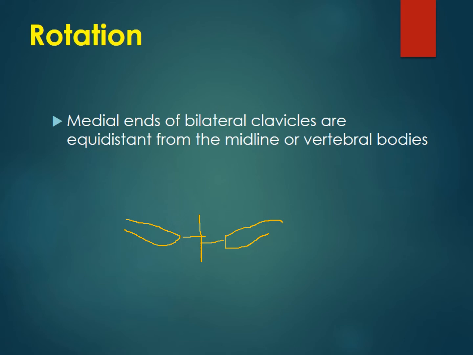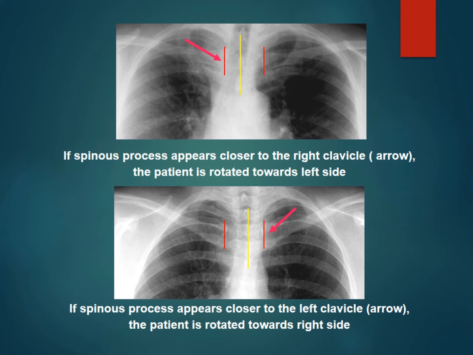So it should be equal. In case if the patient is rotated toward any of the sides, then the distance will not be equal. Now, if we look at the first film here, we can see that this right clavicle is at less distance compared to the left clavicle, medial end from the spinous process.